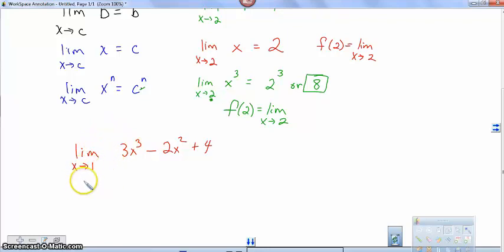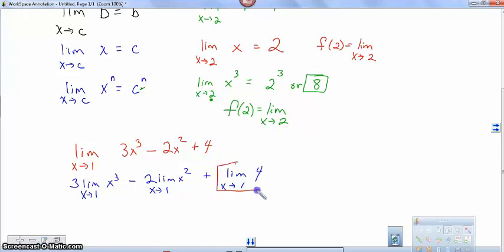I could rewrite this as different limits. The limit as x approaches 1 of, well, 3 is a constant, so I'm going to move it out front. 3x cubed minus 2 times the limit as x approaches 1 of x squared plus 4, the limit as x approaches 1 of 4.